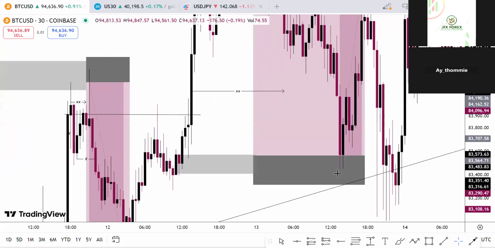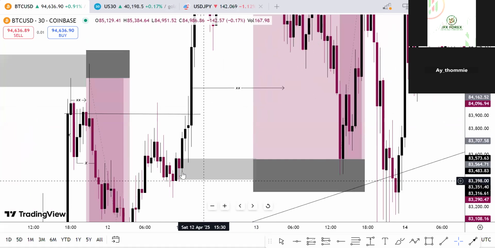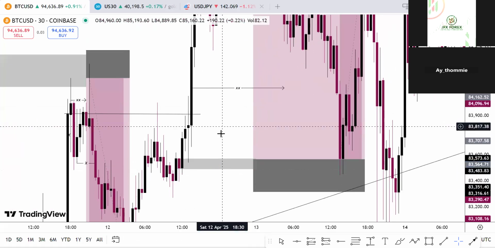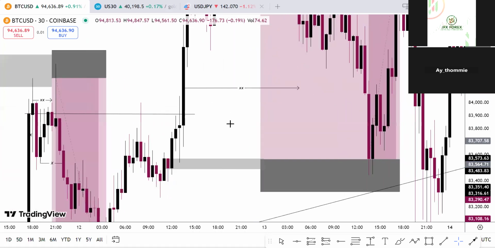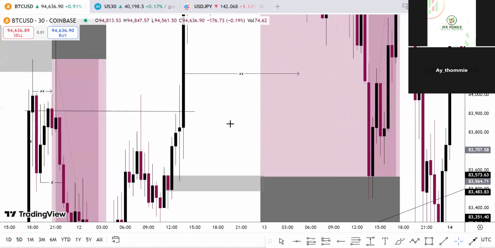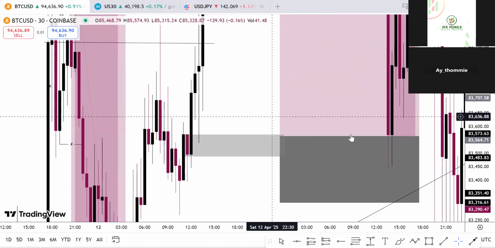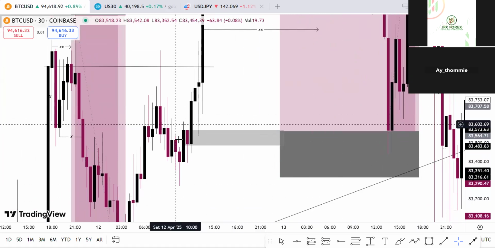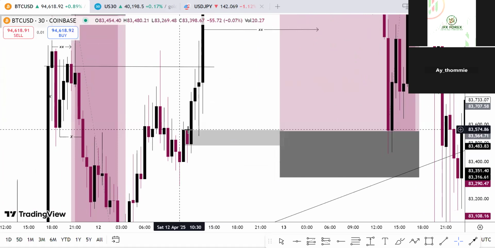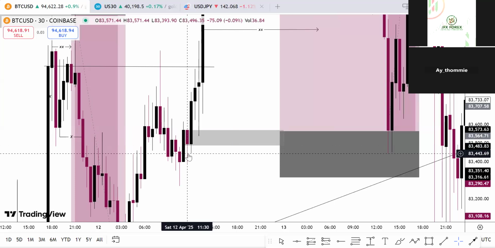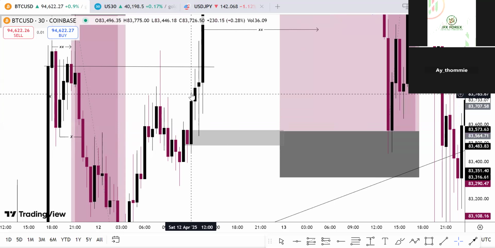Okay, that's good. Can you see my screen now? Yeah. All right, this is what I'm talking about. You see this particular candle sitting here. This is the last sell candlestick before this long buy happens.